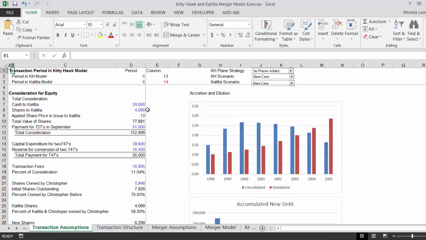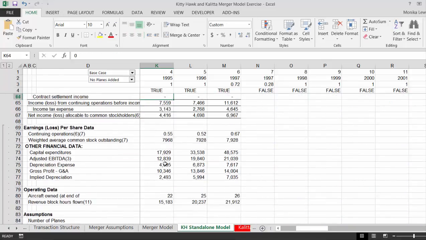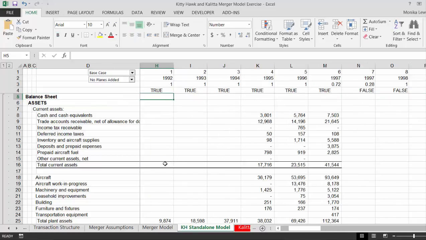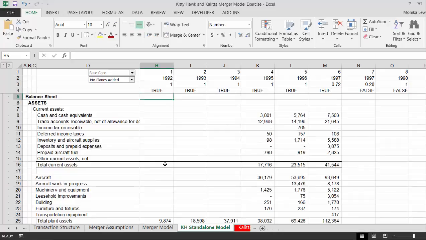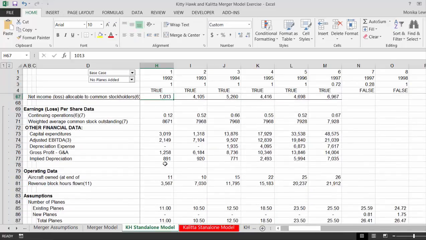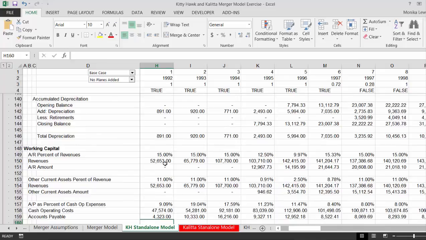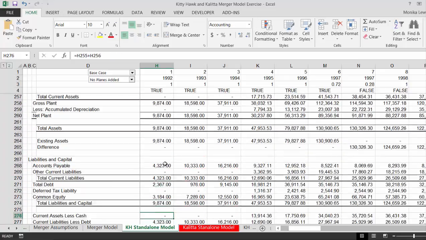Now, I've got to warn you that this model itself I'm going to change in a subsequent video, to demonstrate how you could take two models. Here is the model of the acquiring company, and if you watched some of my earlier videos, which I doubt you did because I suspect the number of views will be like one, this has the financial model of the acquiring company, including the initial balance sheet, working through the assumptions on operations, working capital, depreciation, financing, coming up with a profit and loss, a cash flow, and a balance sheet.